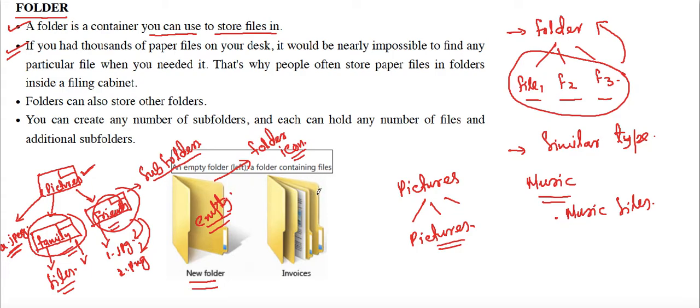The second one, named invoices, contains some invoice files. So this folder is not empty, and from the type of the icon it looks like it holds some files. The icon is a little different from the empty icon, so we have different icons for different types of folders.